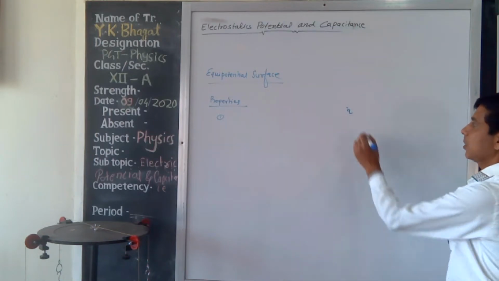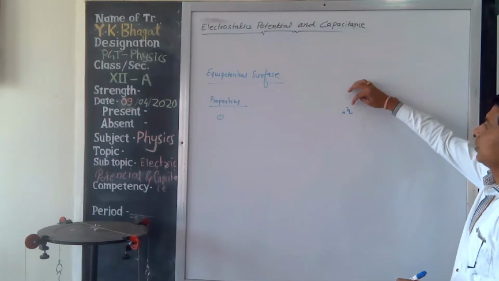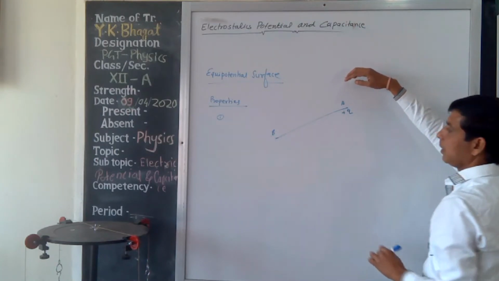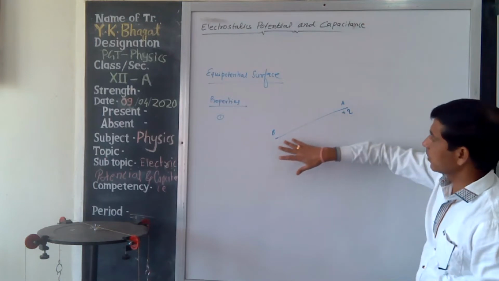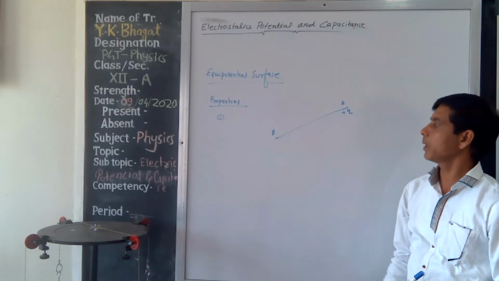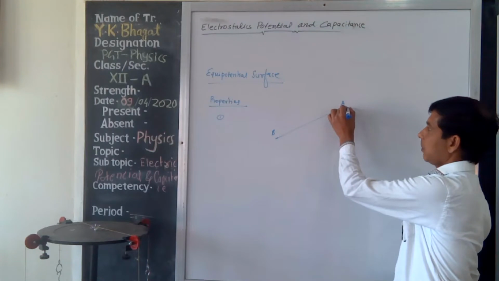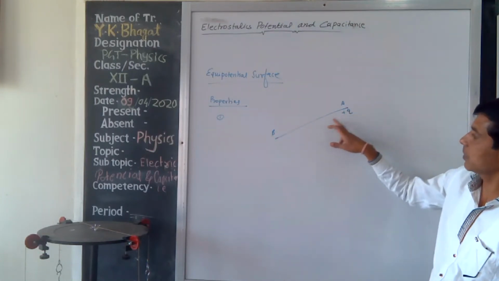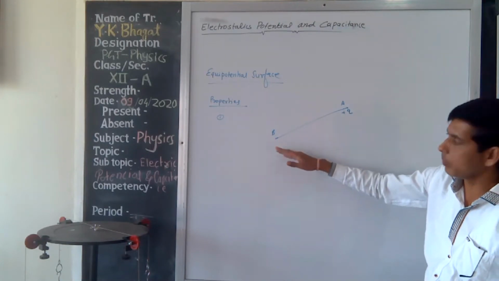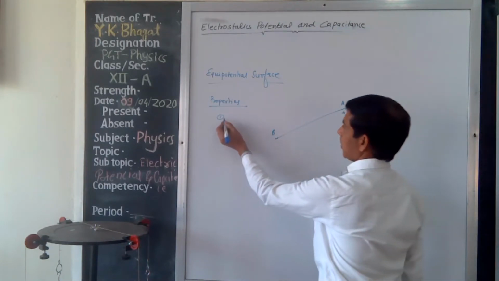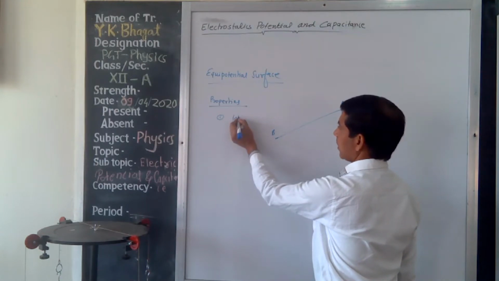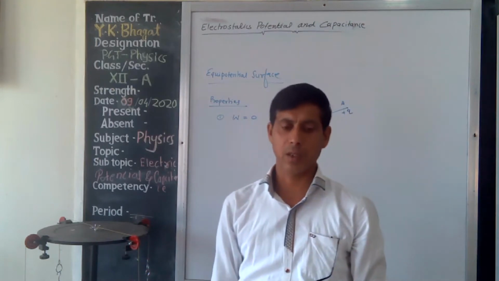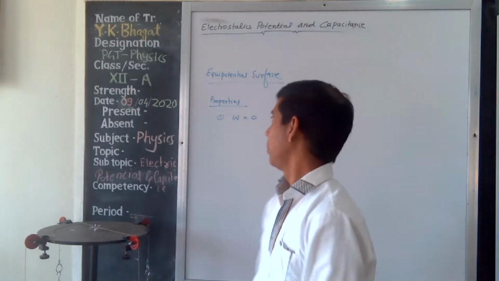Suppose we have a plus Q charge and we want to move this charge from point A to point B, in this situation there will be no work done for moving the charge from point A to point B. Why? Because the potential on both points will be the same. The first property is that work done for moving a charge on an equipotential surface is zero.